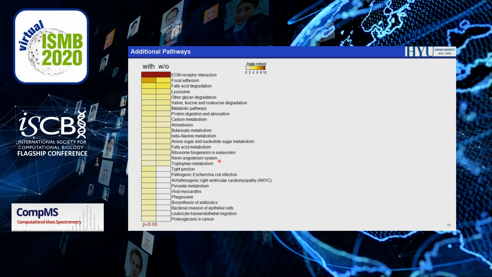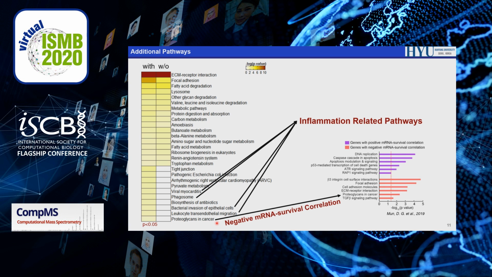Among them, 4 pathways were related to inflammation, which is a well-known characteristic of cancer. In the list, we also noticed the proteoglycans in cancer pathway, which reportedly showed negative mRNA survival correlation via previous research.